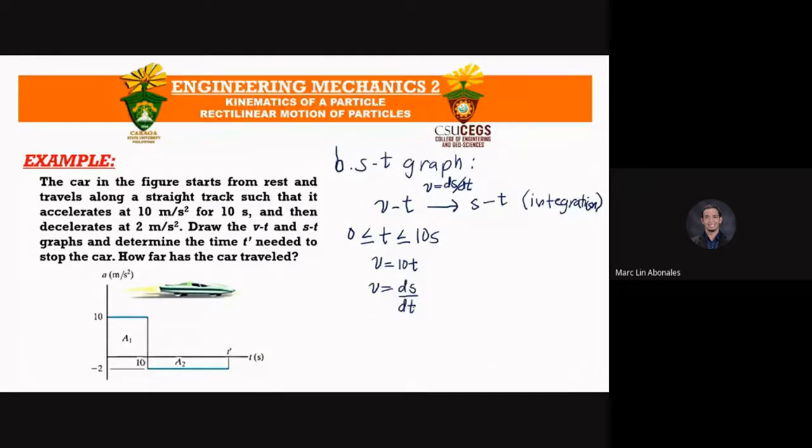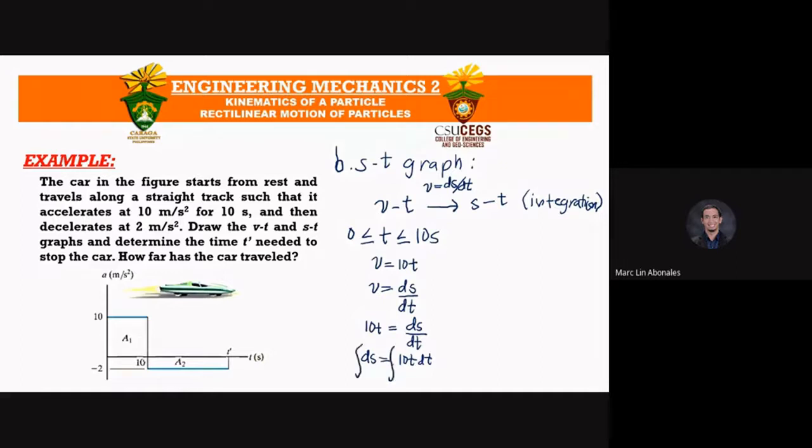That would be 10t is equal to ds over dt. Then you cross multiply, ds is equal to 10t dt. And if you notice, naka 10t. So, ang imong ma-come up jud ani pag integrate is naka quadratic or naka squared. And for us to determine the expression of this position, i-integrate that to both sides.